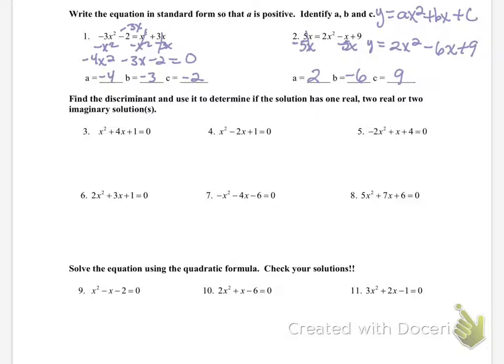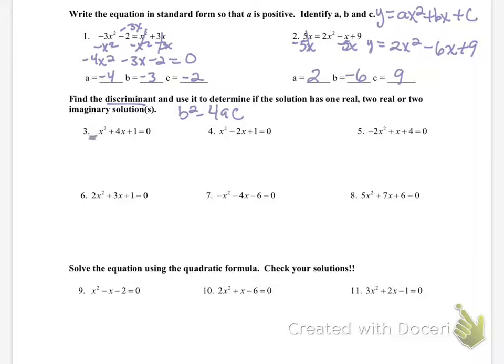So in the next examples here, find the discriminant and use it to determine if the solution has 1, 2, or no real solution, meaning 2 imaginary. Whenever it says this word discriminant, we're thinking b squared minus 4ac. That's the formula, right?